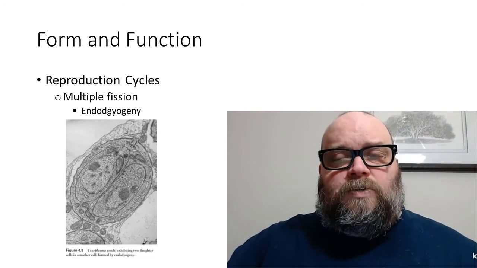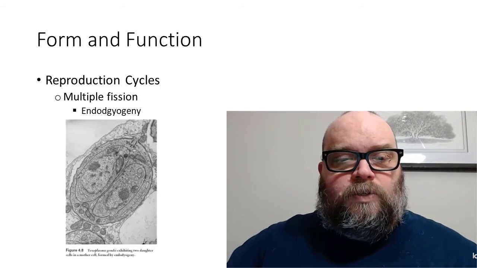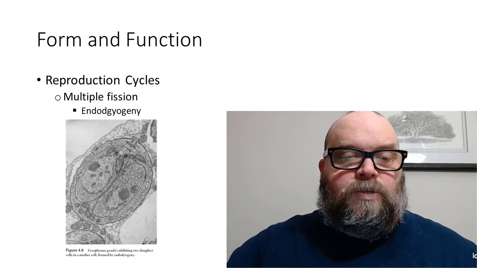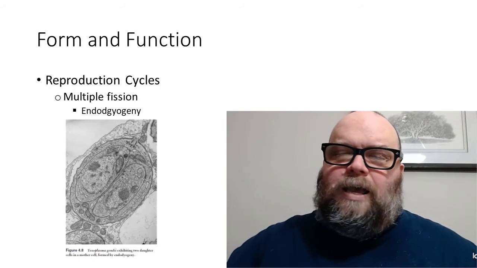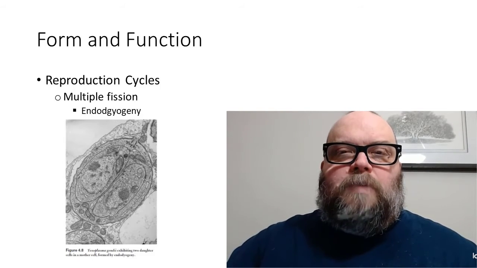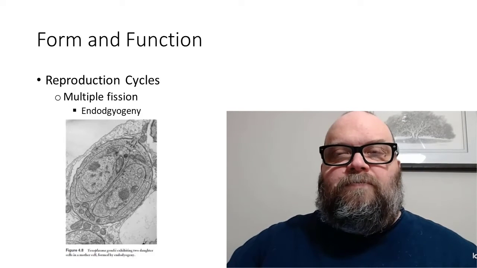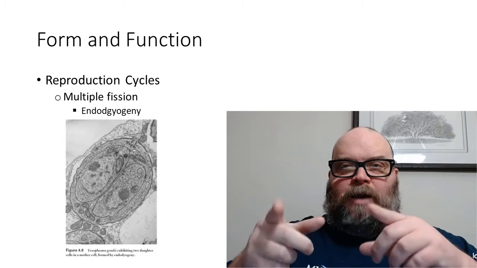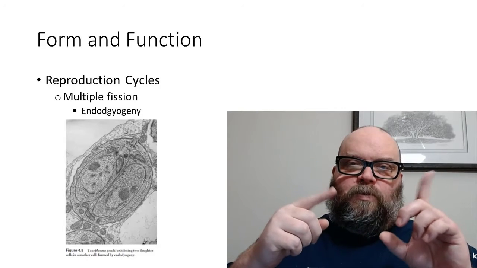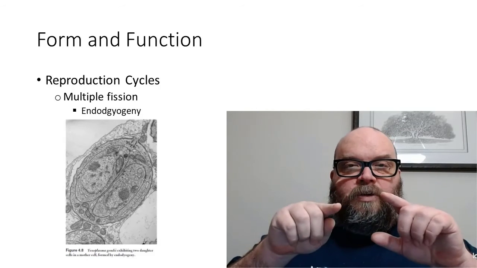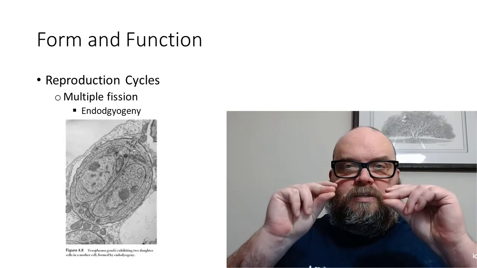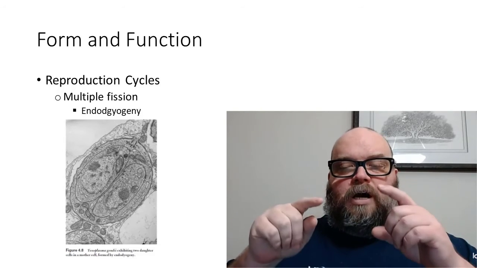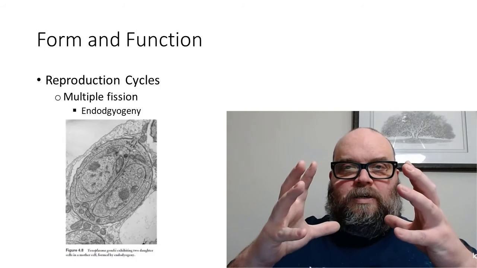You can also get, as you see here, what is referred to as endodyogeny. I hate these words. Endo means within. So you have the fission still occurring within. So how is this different than what we saw before with the schizogony? The schizogony is nuclear division, then cytokinesis all at once. Here, the resulting daughter cells are still encased.